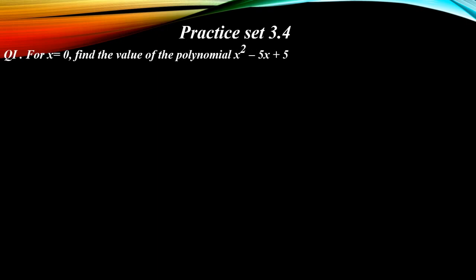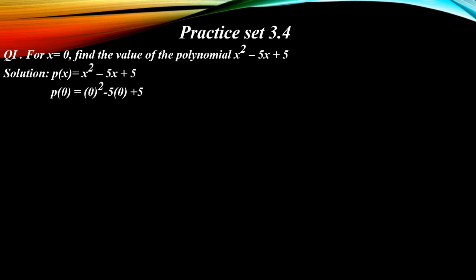Now we will do questions of practice set 3.4. Question number 1. For x = 0, find the value of polynomial x² − 5x + 5. Solution. P(x) is already given as x² − 5x + 5.